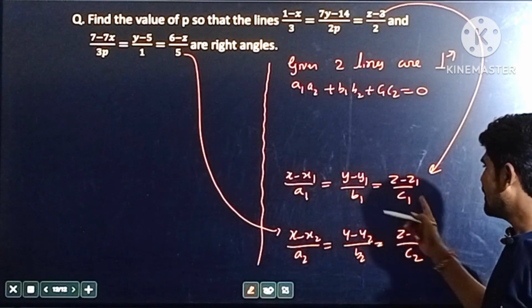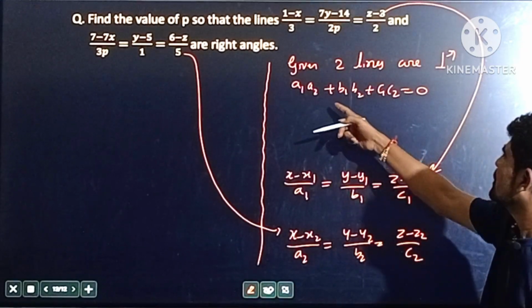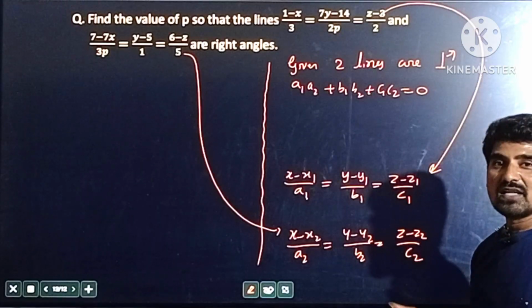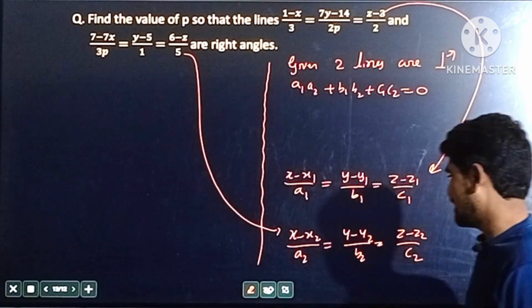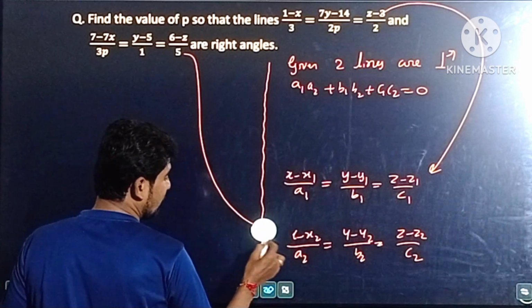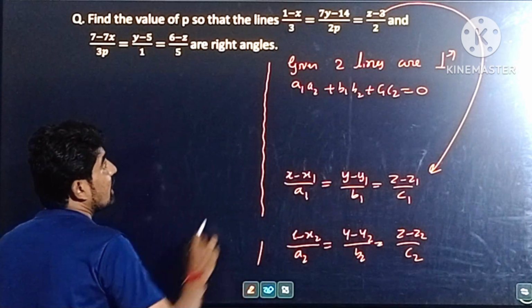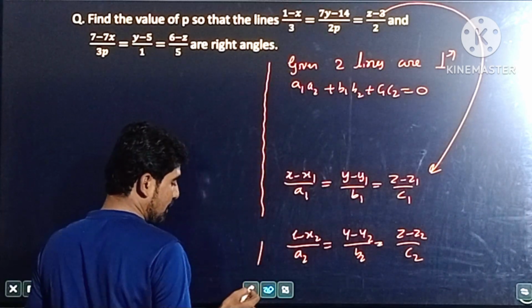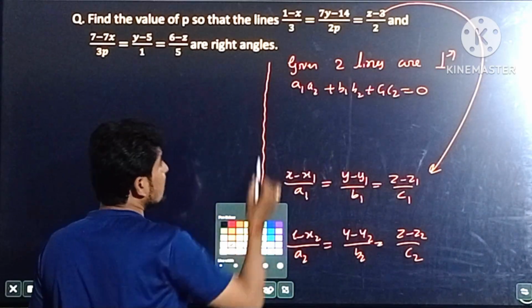So after finding a1, b1, c1 and a2, b2, c2, just substitute in the given condition. Directly we get the value of p. See here, to identify the values of a1, b1 and c1, compare this first given line.